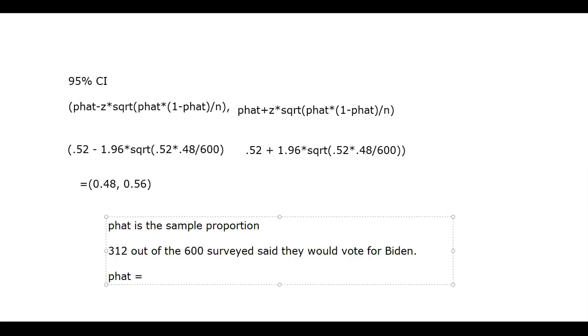So p hat is the 312 over 600, which gives us our 0.52. So that's how you're going to find it in real life. You're going to do some type of survey. All of the yeses you count up, that's your numerator, and your total sample size is the denominator. Let's see, was that the only question? Yeah, okay.